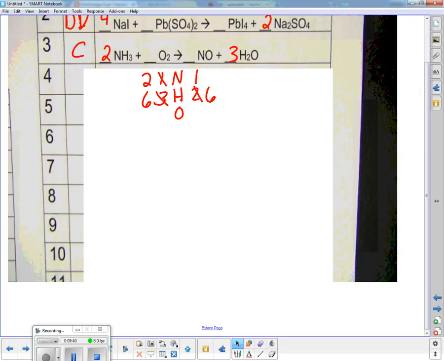So I've got to go back and fix my nitrogens. So I'll put a 2 here to fix the nitrogens, and we're okay. Everybody okay? Now I got to do my oxygens. I have 2 on the left. I have 2 plus 3 gives me 5. I'm going to use my little trick again. I'm going to times this side by 5 halves, so I can get 5.